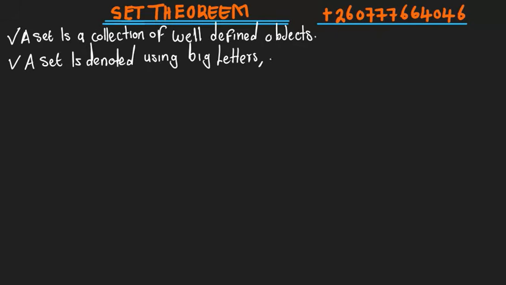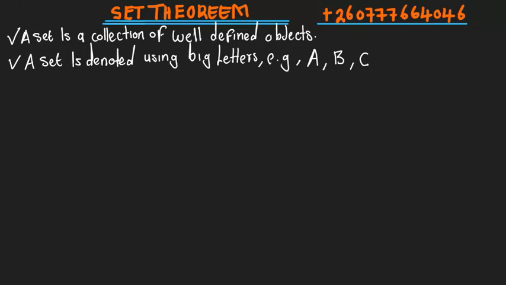For example, if we say we want to have a set A, then that set is going to be represented by the big letter A. If we want to have a set B, then that set is going to be represented by big letter B. If we want to have a set C, then that set is going to be represented by big letter C. Okay?